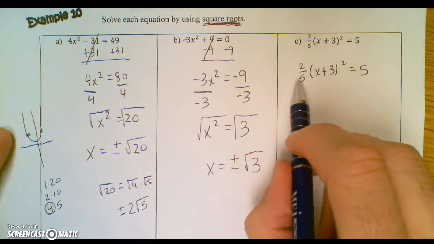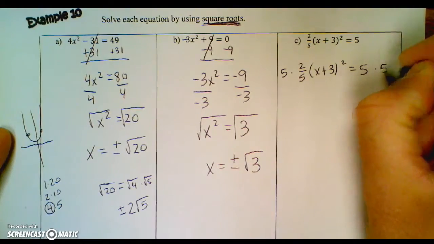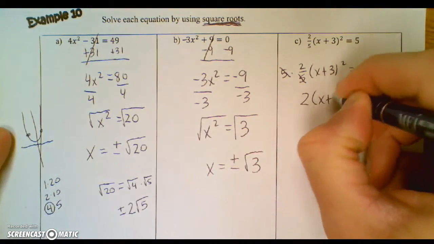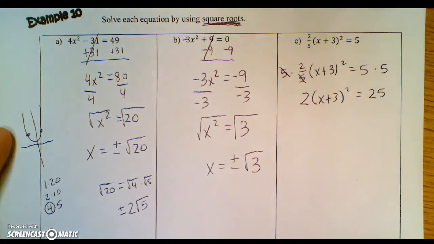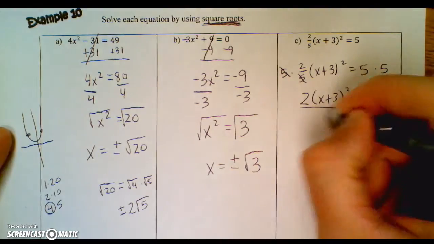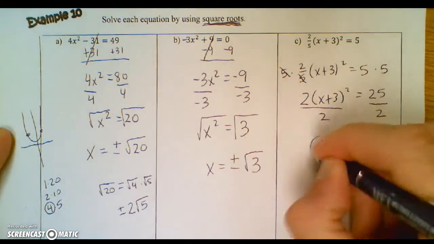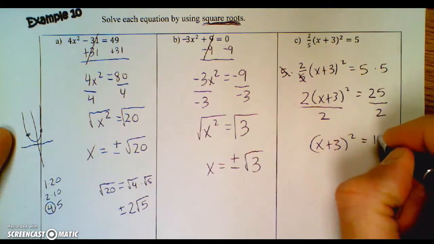I'm going to undo this division by multiplying by 5 on both sides, because that takes care of that part. So I've got 2 parentheses x plus 3 squared equals 25. Now I can divide both sides by 2, and I get x plus 3 squared equals 12.5.